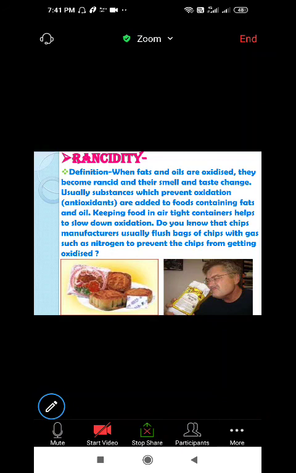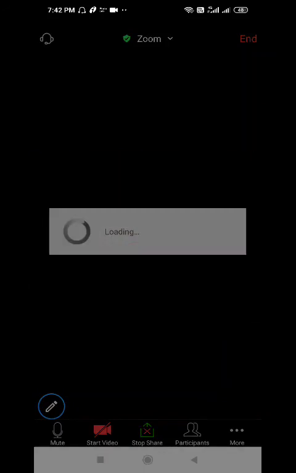Keeping food in an airtight container helps to slow down oxidation. Do you know that chip manufacturers usually flush bags of chips with a gas such as nitrogen to prevent the chips from getting oxidized?